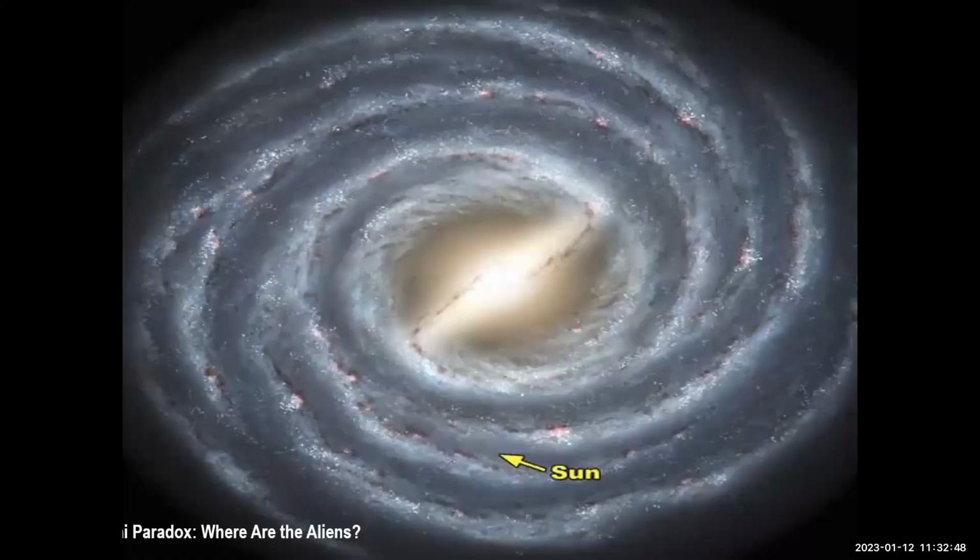All right, here we are. Here's our sun. And where are the aliens? Who knows? One of the reasons I show this, there's a couple schools of thought out there. There's the school of thought that we are alone, that we are the only inhabitants anywhere. There is no other planet that can support our kind of life.